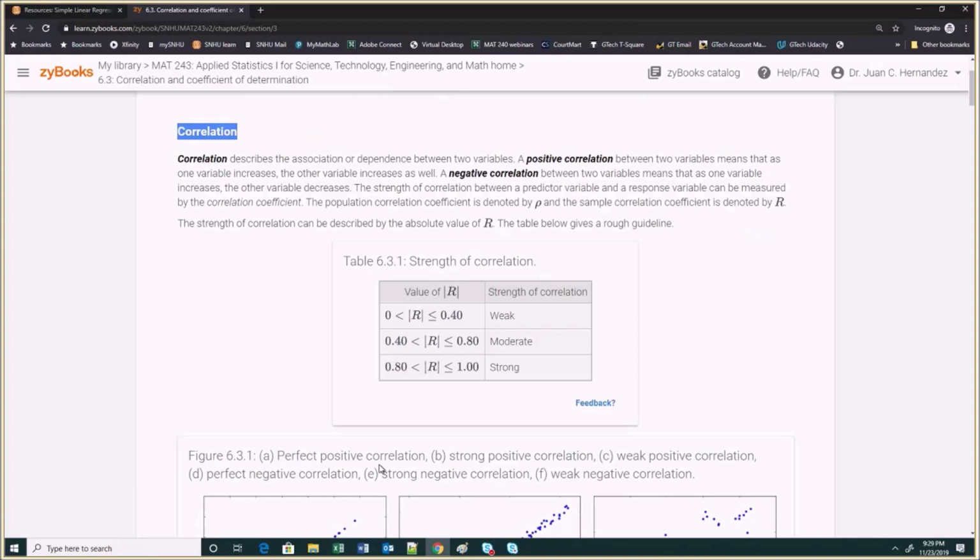One last point that I would like to make is that correlation does not necessarily say that there is a causal relationship. In other words, if two variables are correlated, you need to also establish whether one variable is the cause of the other one.